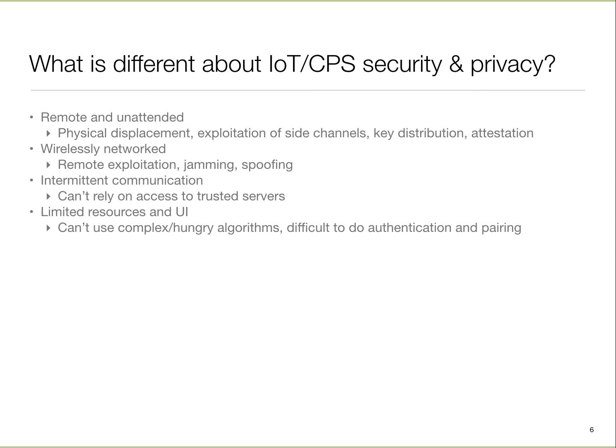Limited resources, both in terms of computing as well as in terms of user interfaces. And that results in a lot of things that you could easily do on a more powerful computer often not being the case. So you need lighter weight implementations, lower power implementations, as well as ways of doing things like authentication and pairing which don't require keyboards.